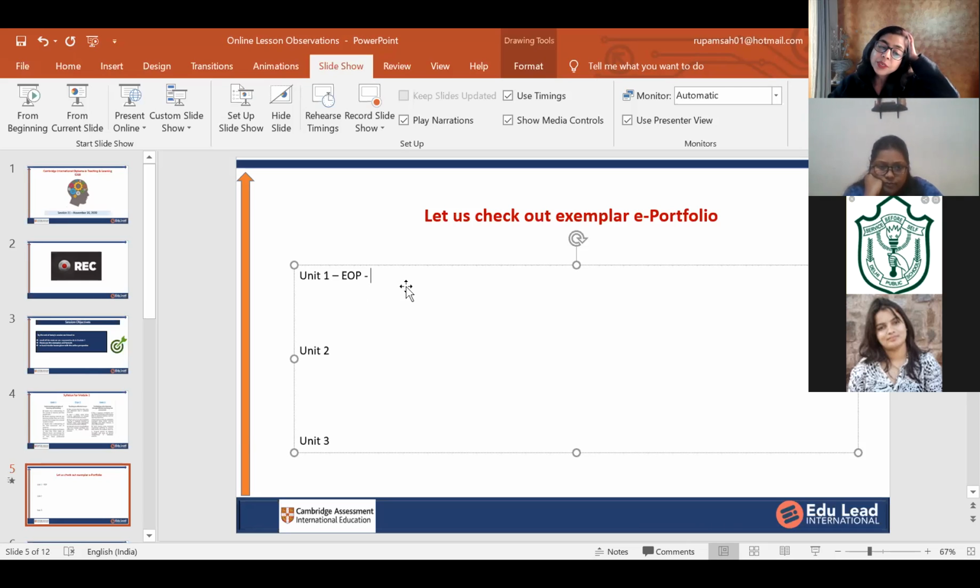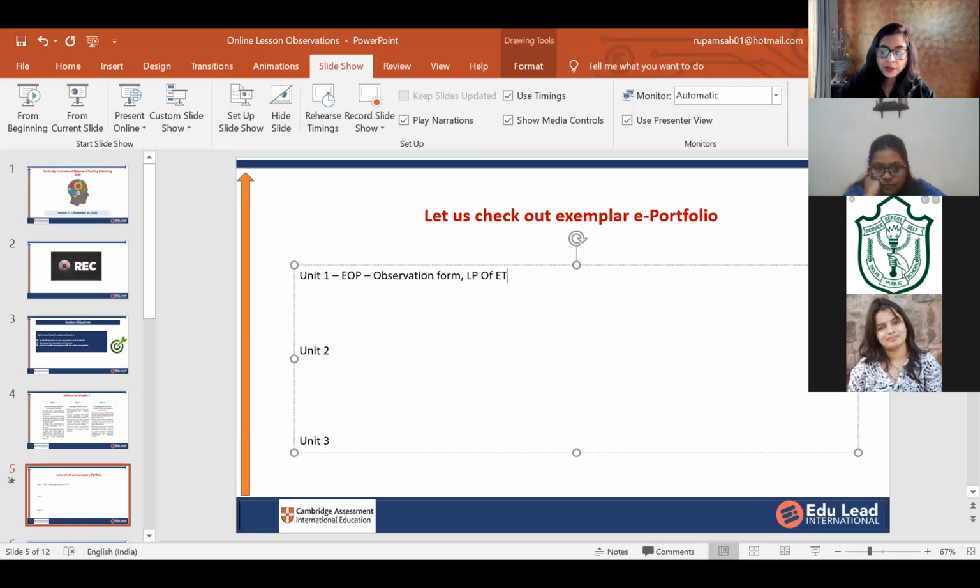What are the things which you are going to be putting in the evidence of practice in unit 1? You're observing the experienced teacher. You remember in unit 1 you had an observation form. Correct. So it is the observation form as well as the LP of the experienced teacher, right? Correct. So this is the thing which you are going to do.